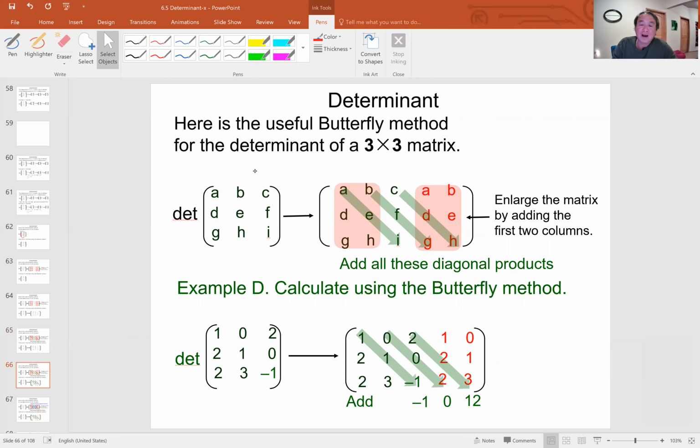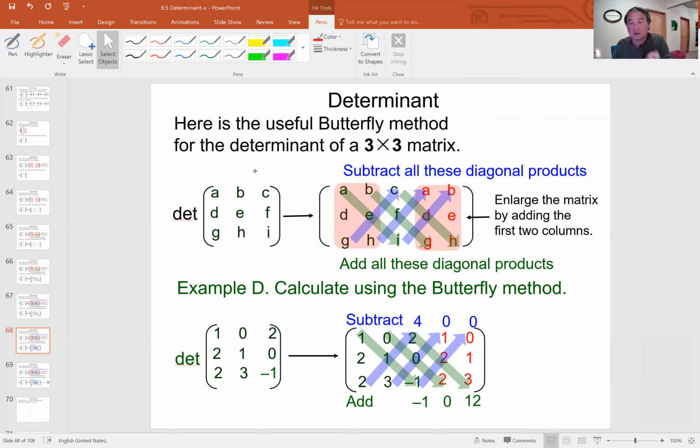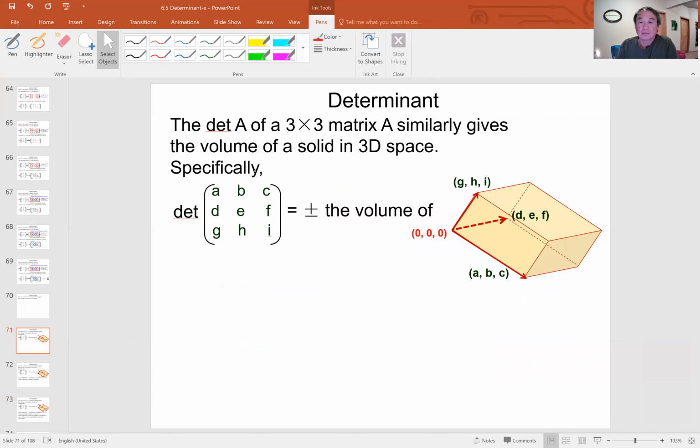And then we're going to subtract all the opposite diagonal products. Okay. And so it's 4 and 0, 0. So we're going to wind up with the same answer, minus 1 plus 12 minus 4. Okay.